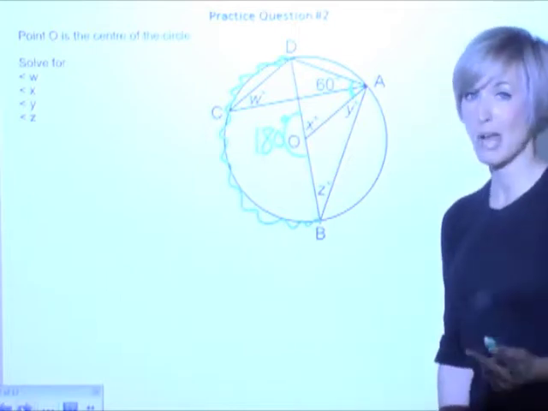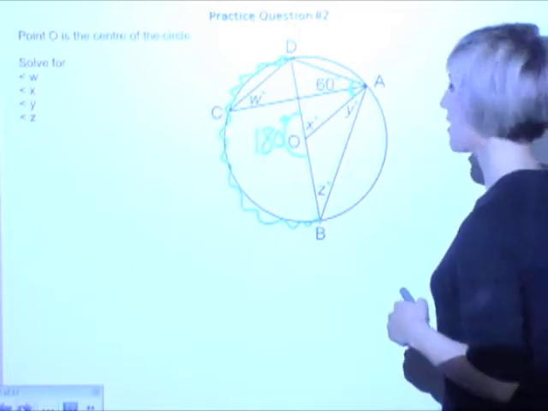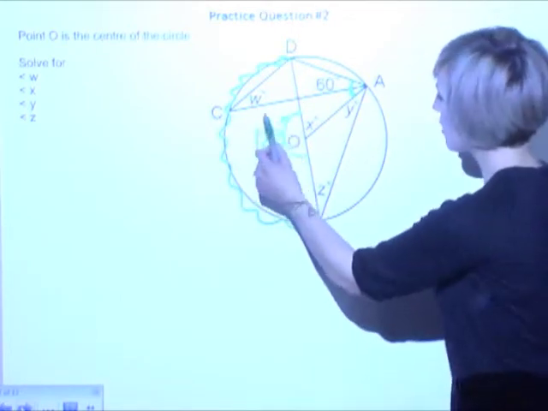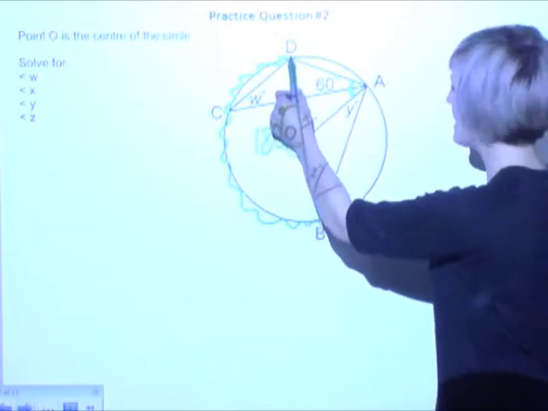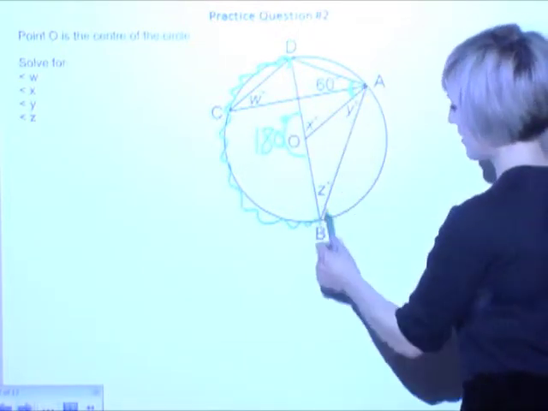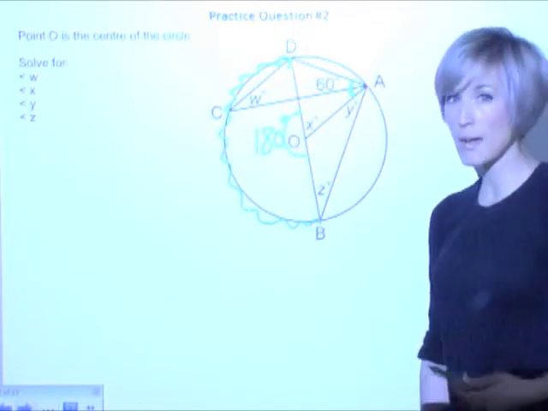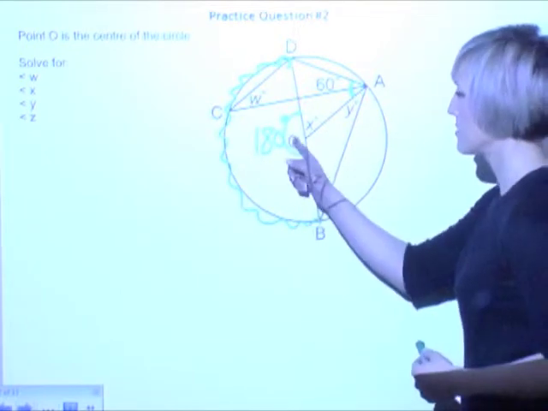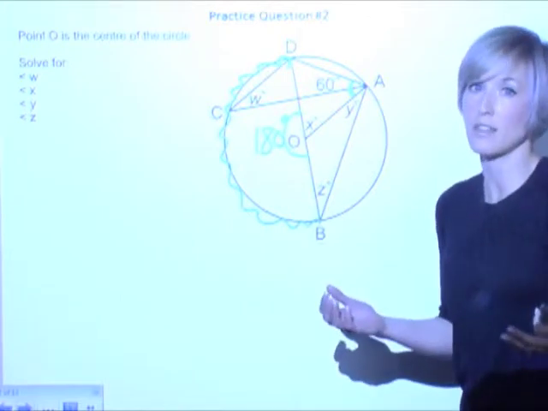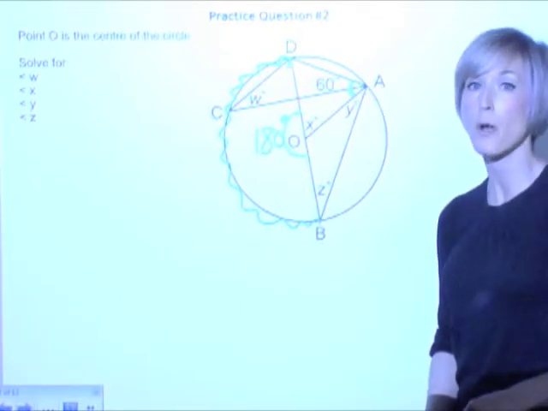I'm going to look for an inscribed angle that shares the same arc, and in fact we have one. If you take a look here, starting from D to A to B and then back around, that's an inscribed angle that shares the same arc as this central angle. So now I can apply the inscribed and central angle property.